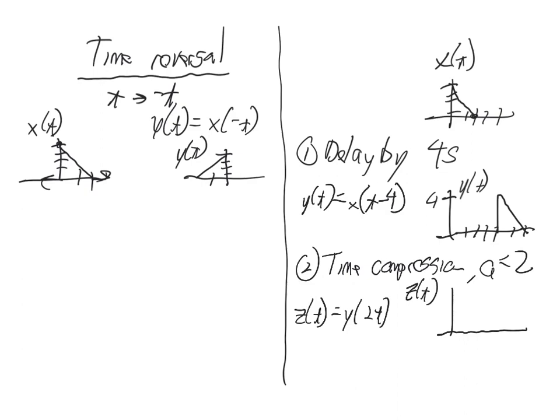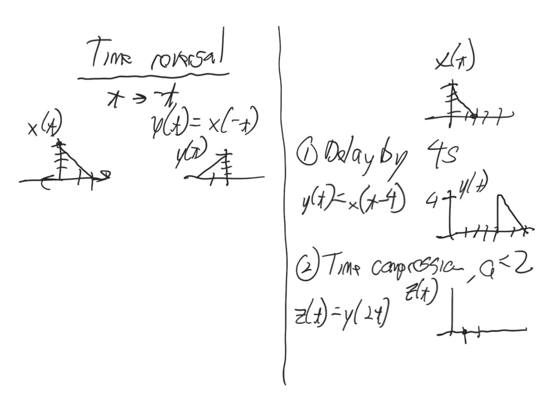And when I get to 1 second, well, then I have to look at what y is doing at 2 seconds, so it's 0. When I get to 2 seconds, I have to look at double t, so I double it and I say, well, what is the function y doing at 4 seconds?